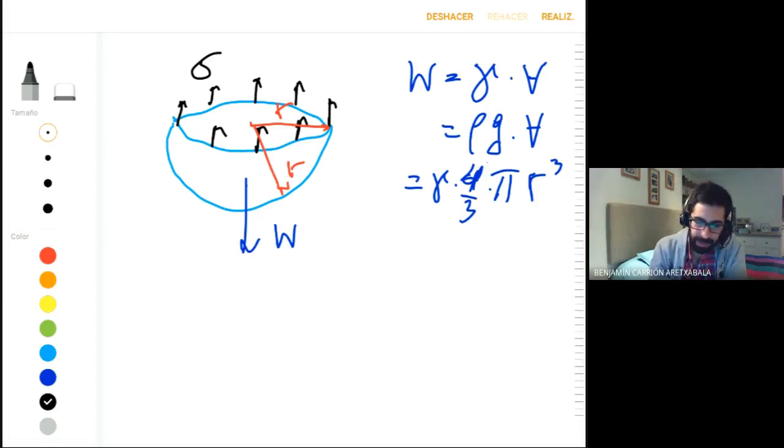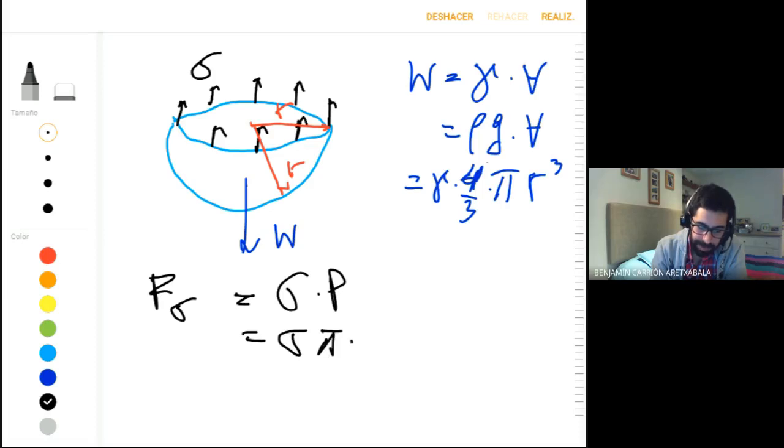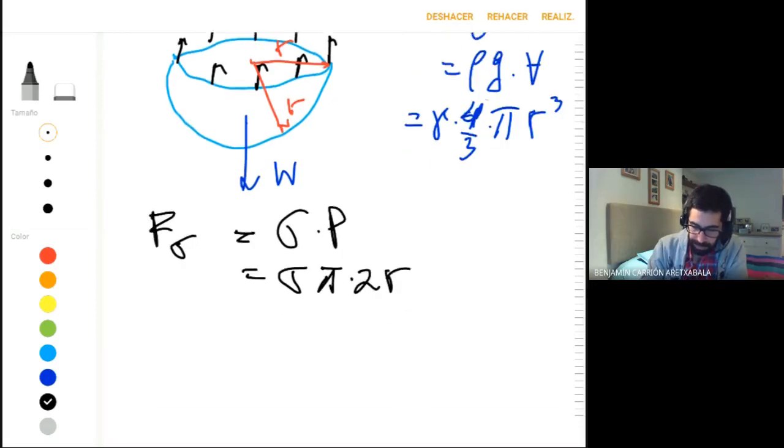Okay, and the force up we're going to call force sigma. Let me draw the sigma. It is going to be sigma times the perimeter. And the perimeter is pi times the diameter, 2 times r, right? If this is true, then these two should be equal.